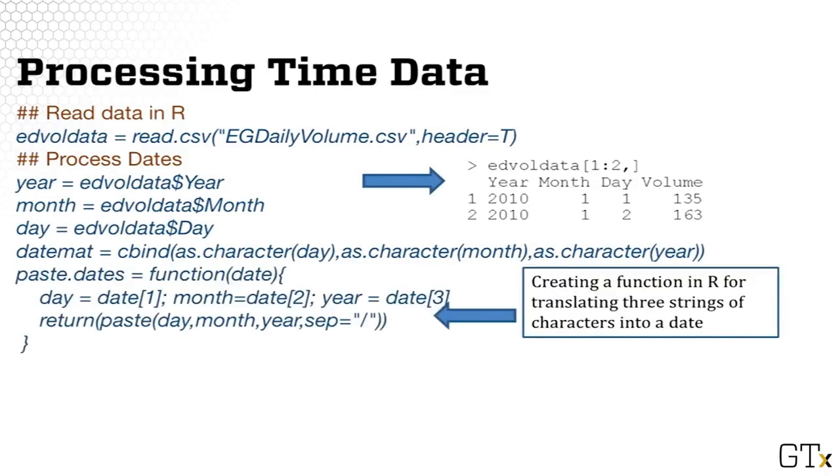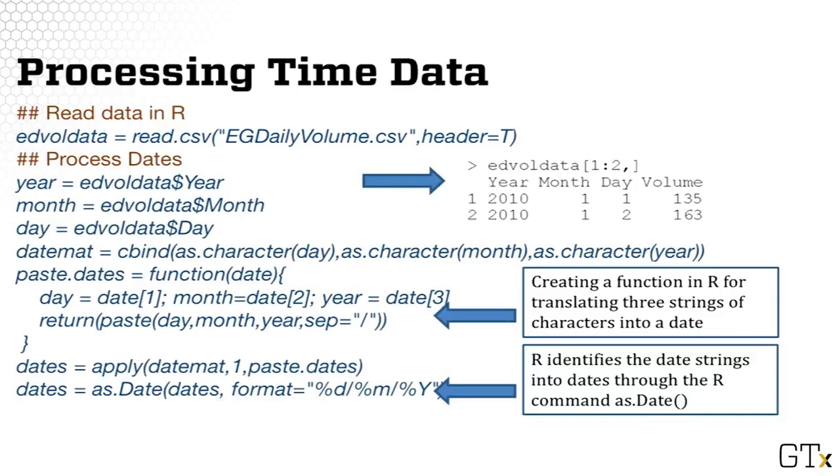I define here a function paste_dates, which takes as input a vector of 3 variables, day, month, and year. The function returns a date using the information from these 3 date factors. I apply this function to each row in the date matrix to output a date for each row in this matrix.